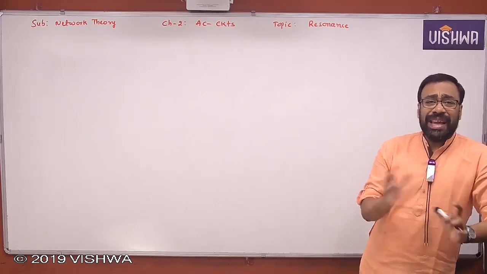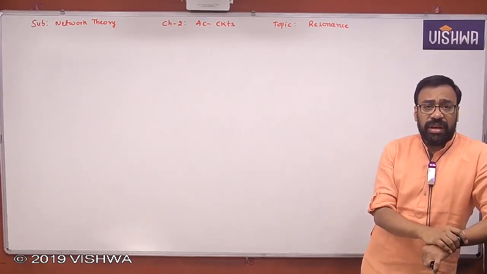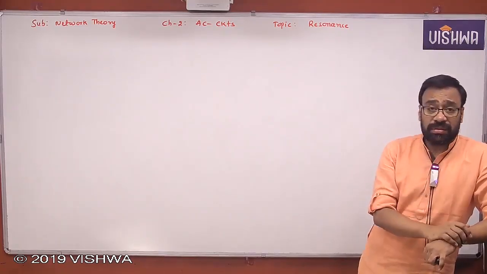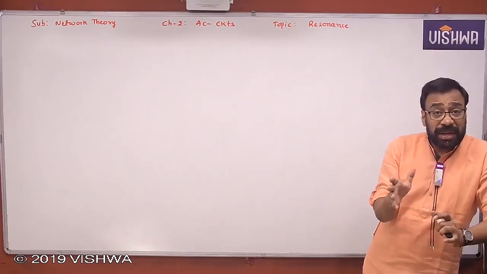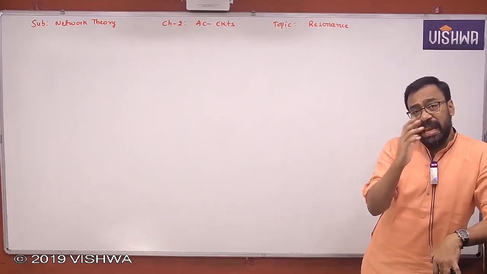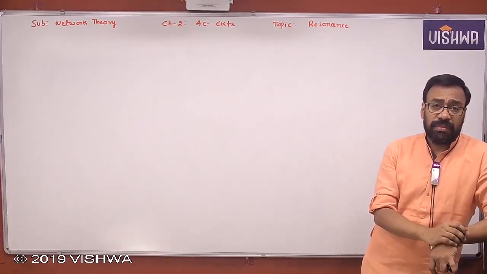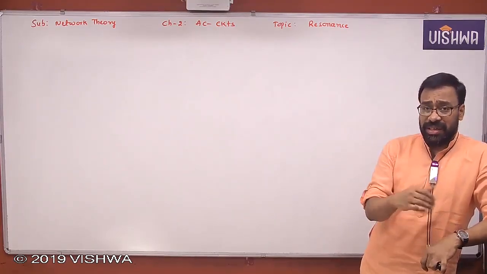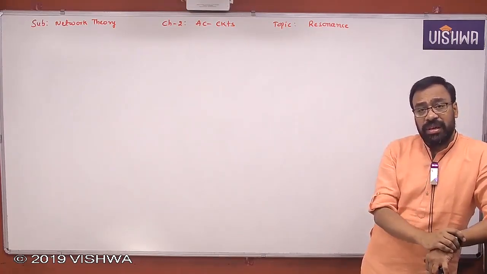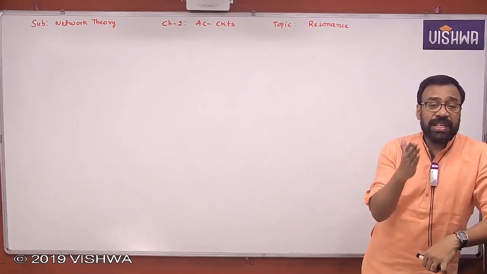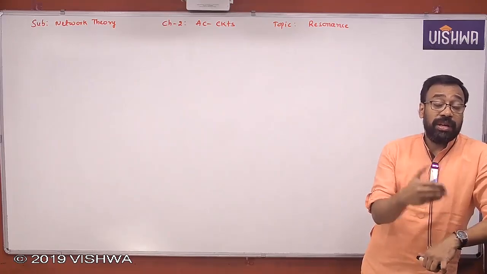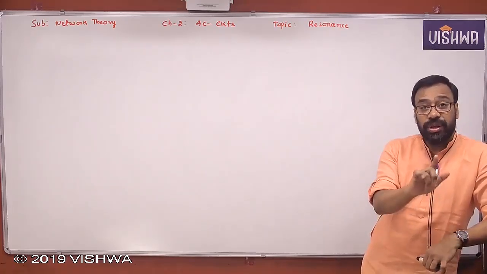Take any RLC circuit, excited by a sinusoidal source usually, and vary any one of the parameters, whether it is resistor, inductor, capacitor or frequency, in such a way that the phase difference between the applied voltage and the input current phasors is zero.